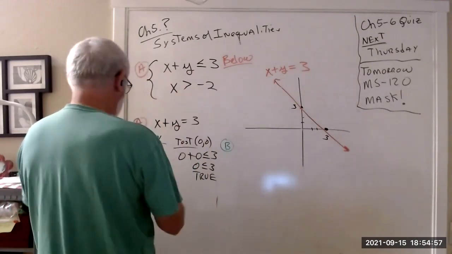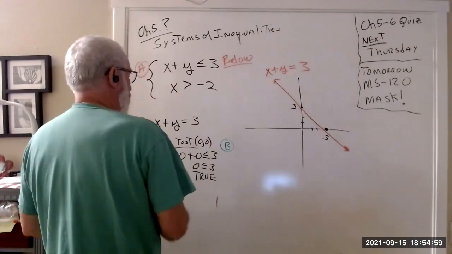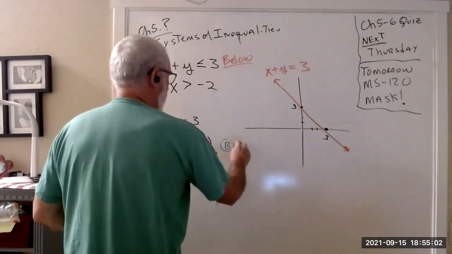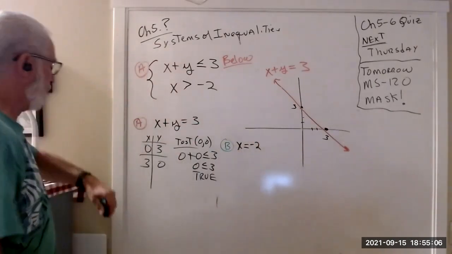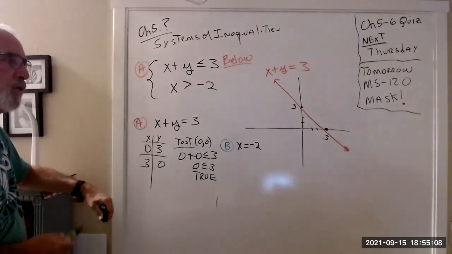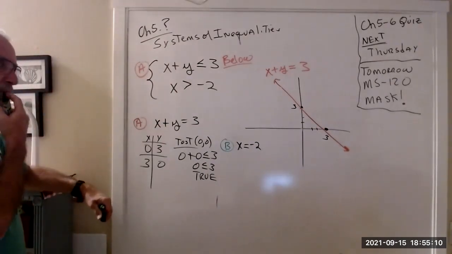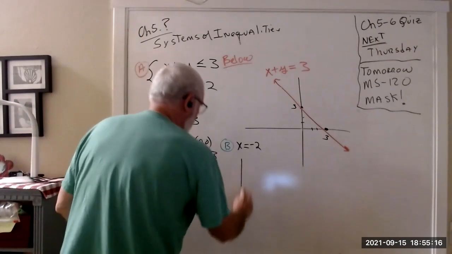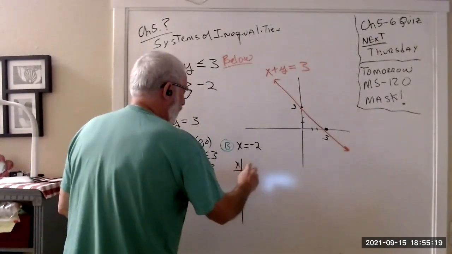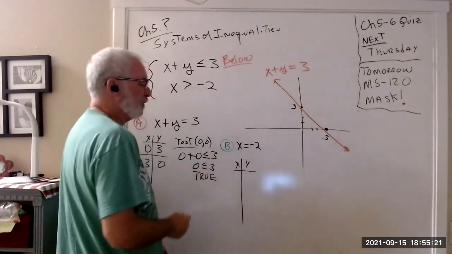Okay, the other line. Uh-oh. The other line, x equals -2. It's a trick question. What's wrong with that? You've got to know how to graph that one, guys. Somehow or other, that's a hint that this is a trick.